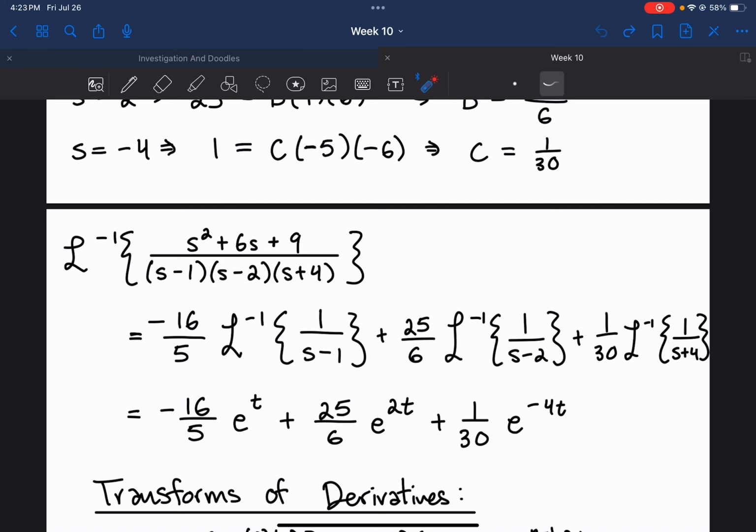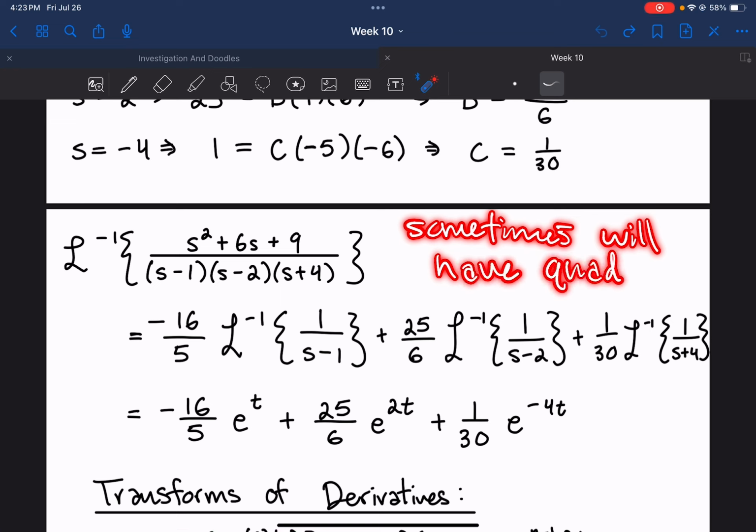And sometimes we'll have quadratics that don't factor in the denominator, right?